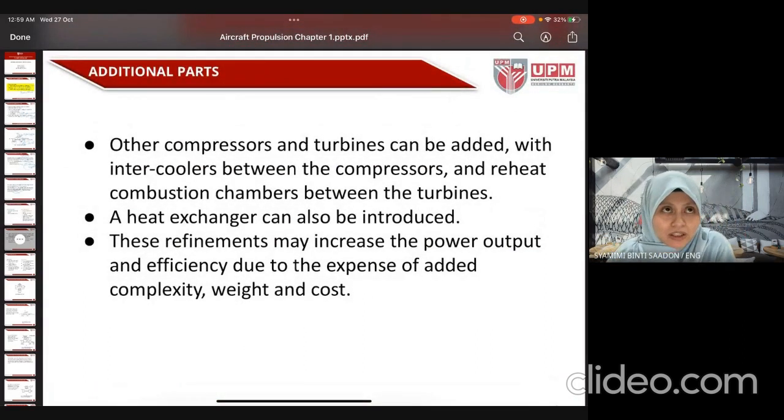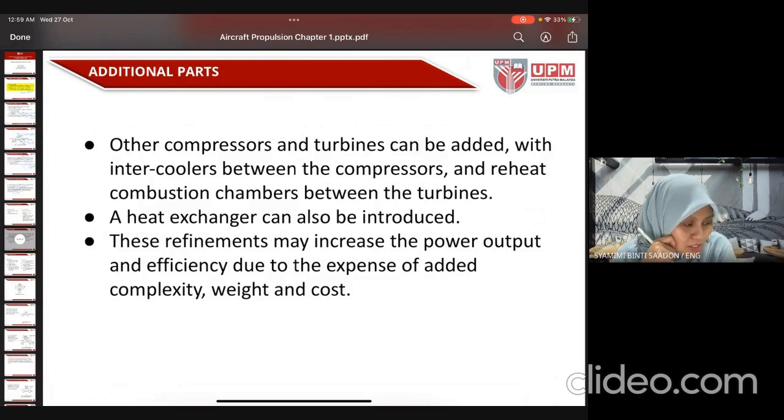Okay, so the three components just now that I mentioned, compressor, combustion chamber, and turbine, those are the simple basic components in a gas turbine engine. But usually designers will add other components to the gas turbine engine to make it more efficient and perform better.